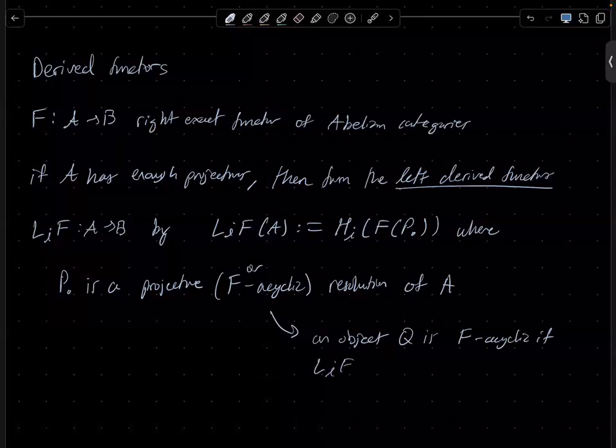If L sub i F on Q is equal to 0 for i greater than or equal to 1.